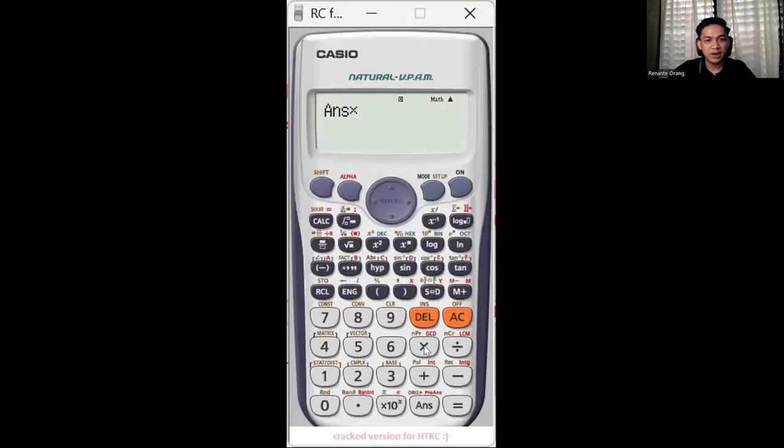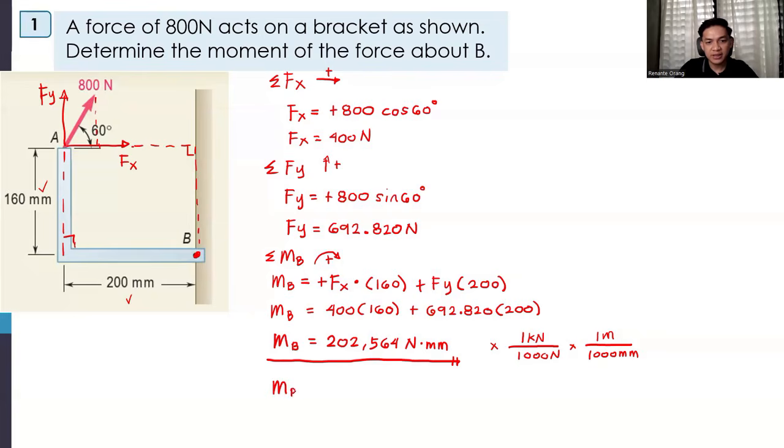So, let us multiply our answer by 1 divided by 1,000 and another 1 over 1,000. That is equivalent to 0.203 kilonewton. So, MB po natin is equivalent to 0.203 kilonewton meter. Final answer.